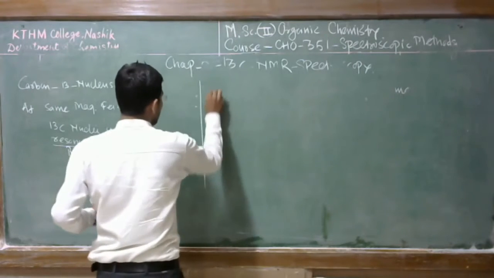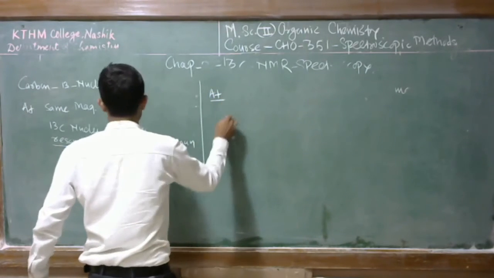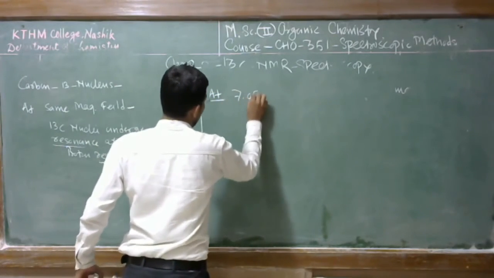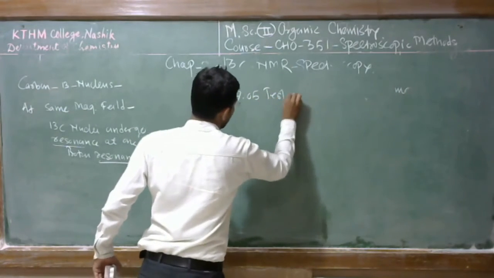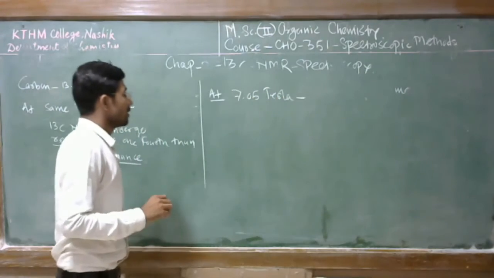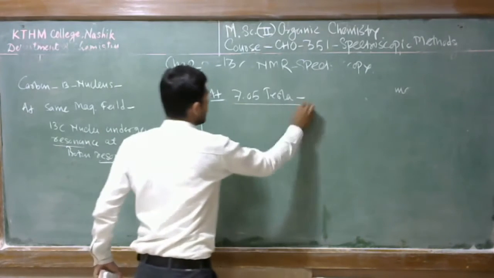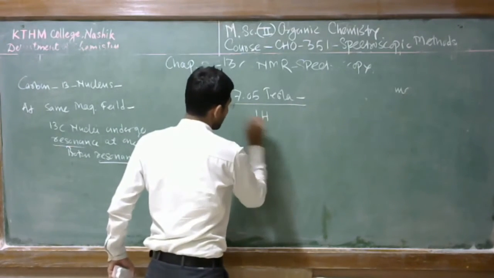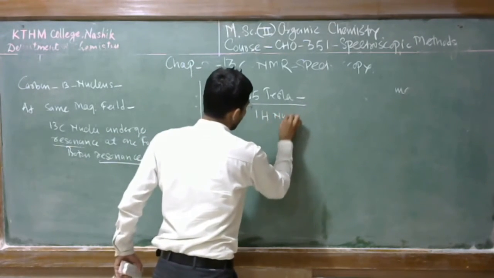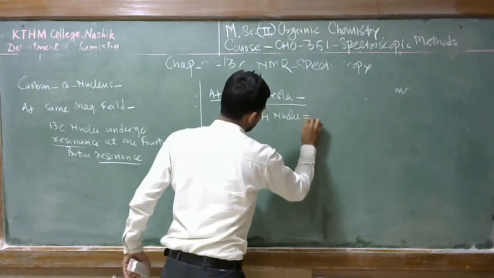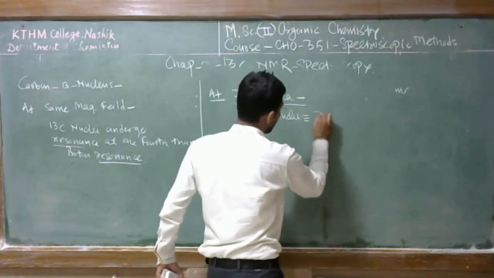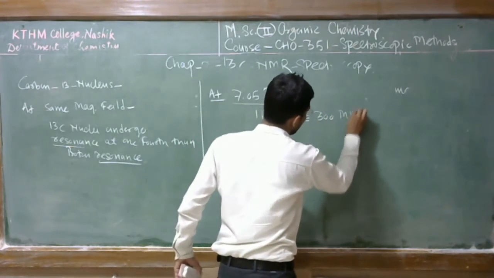So when we apply the same magnetic field of 7.05 Tesla, the 1H nuclei undergo resonance at nearly 300 megahertz.